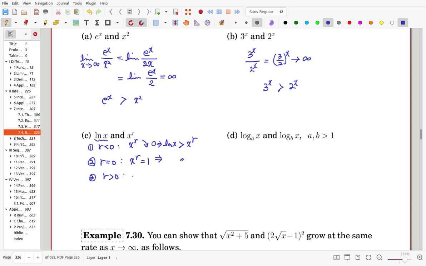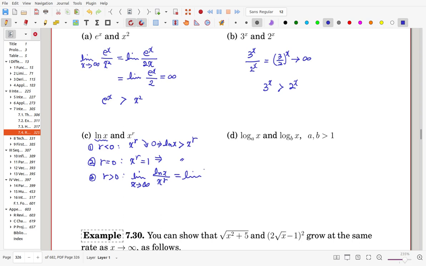So we have to measure the limit of the ratio, as x goes to infinity, of logarithm x over x to the r. Top and bottom approach infinity, so we can use L'Hopital's rule.